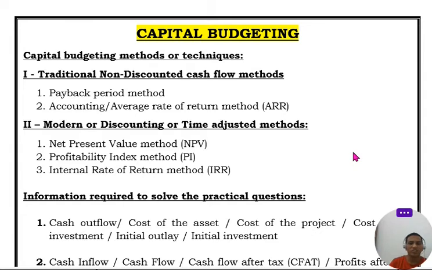So how to invest these limited funds efficiently in projects in fixed assets, that is known as a capital budgeting decision. It involves capital expenditure. It is a capital expenditure budget. In simple terms, capital budgeting is about investing the current available funds efficiently in fixed assets or long-term assets.